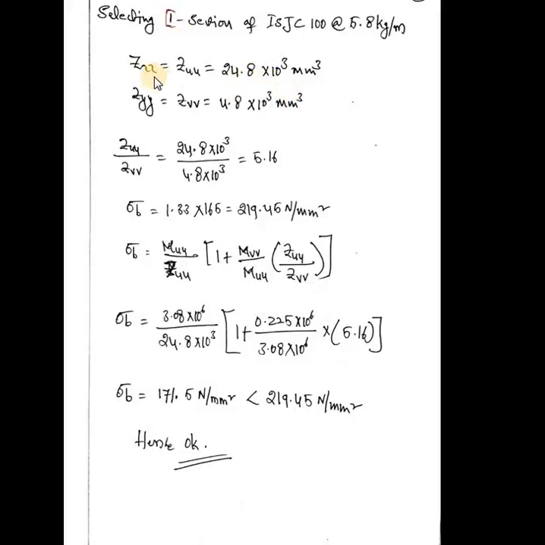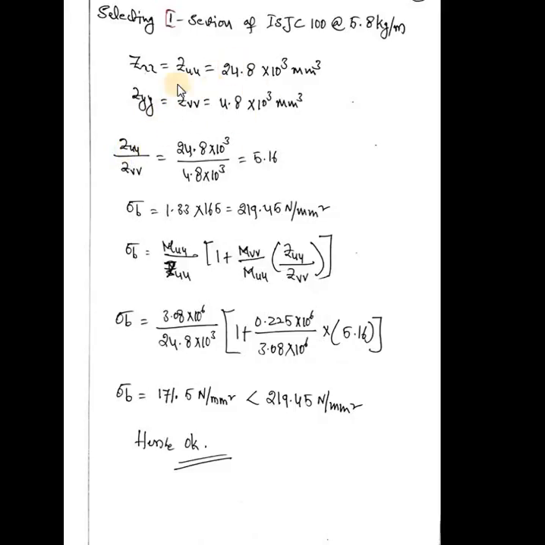From the steel table, ZXX, that is ZUU, is equal to 24.8 into 10 power 3 mm cube for ISJC 100 at 5.8 kg per meter. Our required value is 21.1, and we are trying 24.8. Then our selection is okay.